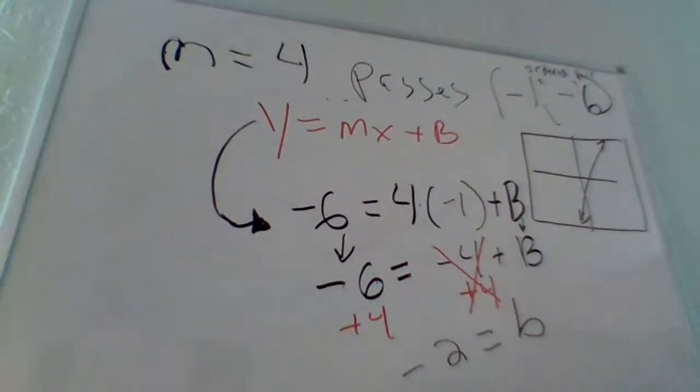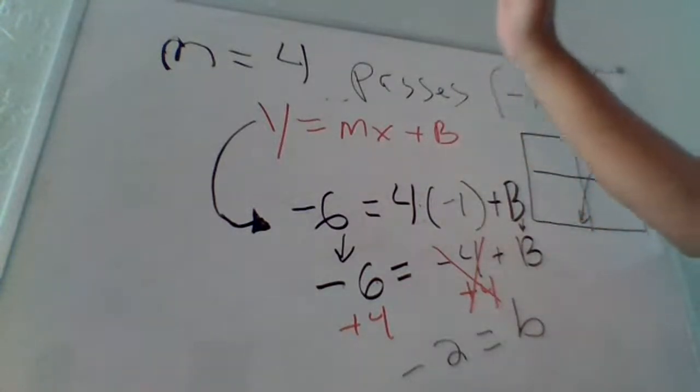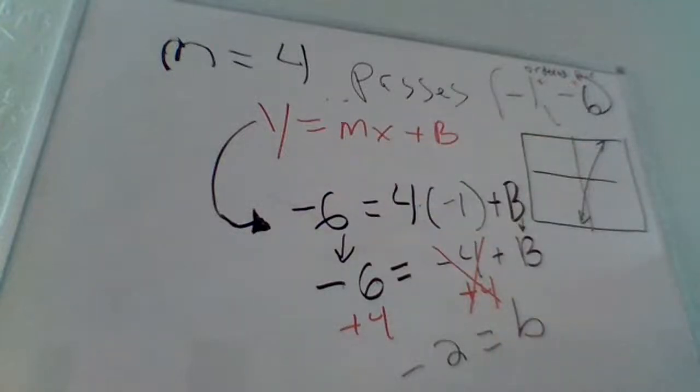All right. So how can I take all this information now and put it all in slope intercept form? -2/1.